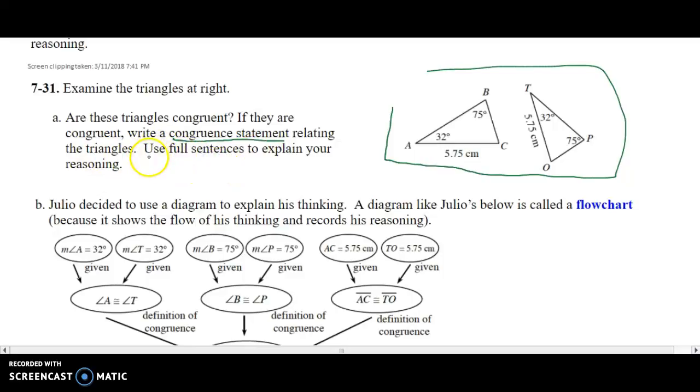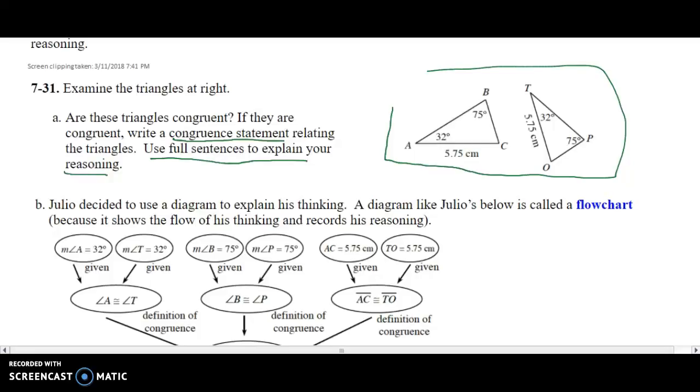That means you can use some full sentences to explain your reasoning. Once the majority of you are done with that, I'd like you to move on to part B. So right now, I'd like you to actually pause the video, work on this, and then when the majority of you are done, restart the video so you can listen to this next part.